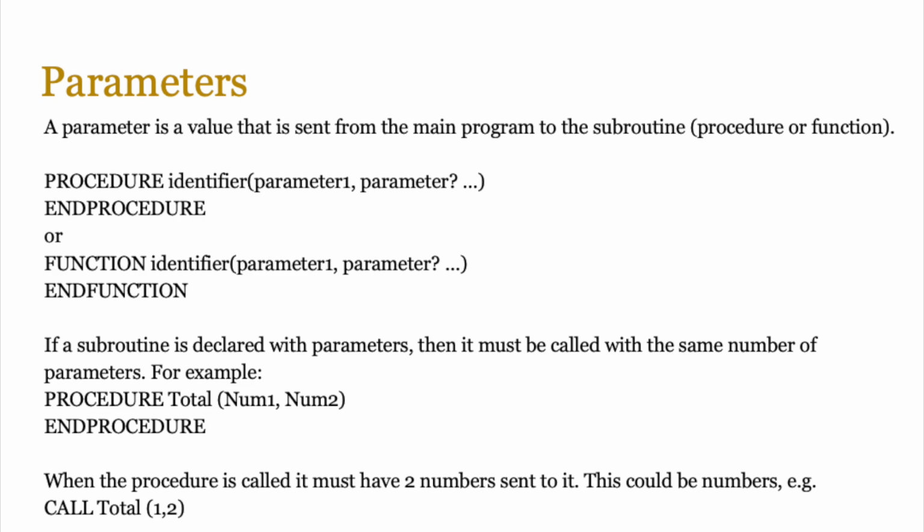So when we call this particular procedure, we're going to say call total, and in the brackets, when we're calling it, we have to add these two numbers in. So that means that 1 and 2 will be passed into that procedure or function, and then you can do something with it.